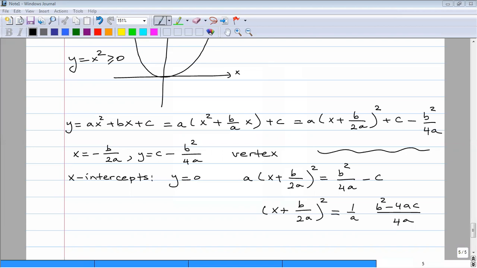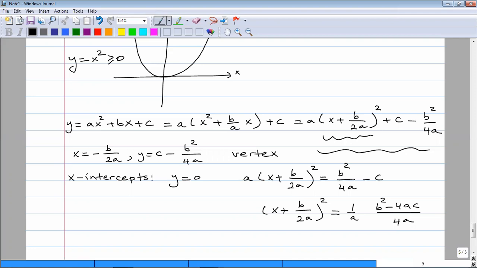Well, depending on a, of course, if a is negative, it is the largest value if your parabola looks down. But basically, the vertex is the value when this term is 0, and this term is 0 when x is minus b over 2a. This is how you get the vertex.